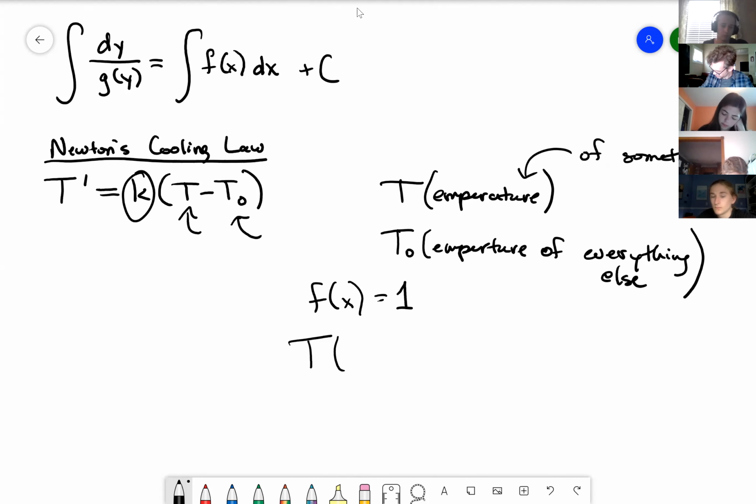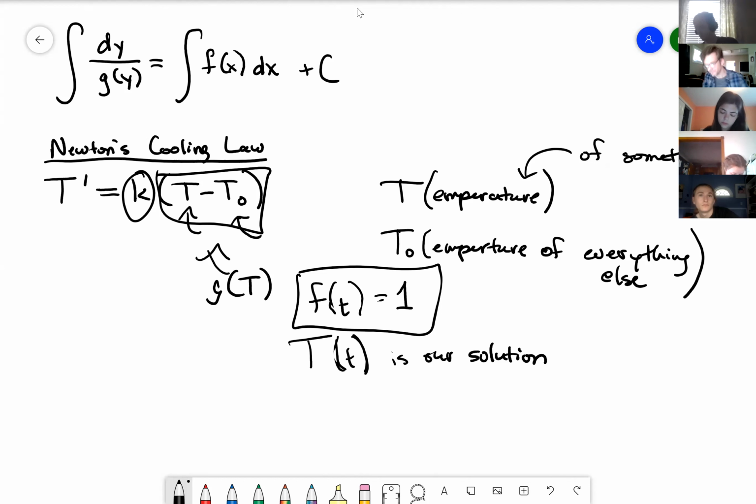So this is a separable equation. It's one of those easy ones, but we'll just use it as an example of looking, first of all, for stationary solutions. So in this case, we want to find g of T equal to 0. So that's T minus T0. And so there's an obvious solution there.